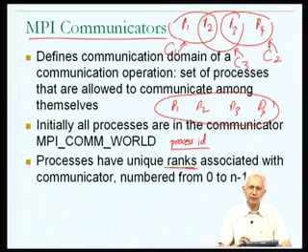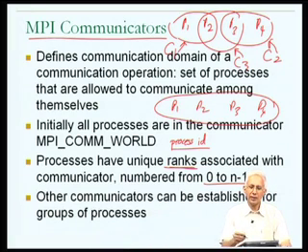And the way to look at this is, within a given communicator, the different processes which are communicating with each other through that communicator are assigned ranks numbered from 0 through n minus 1. So if there's a communicator with 4 processes, then it would have one process whose rank was 0, another with a rank of 1, and so on, assuming that there are n processes as parts of the communicator.